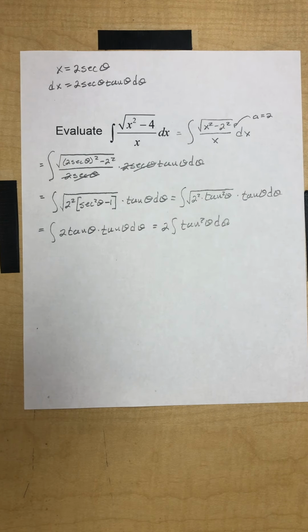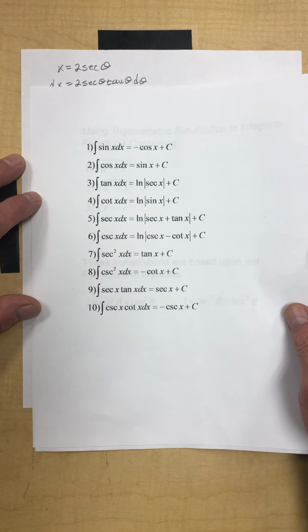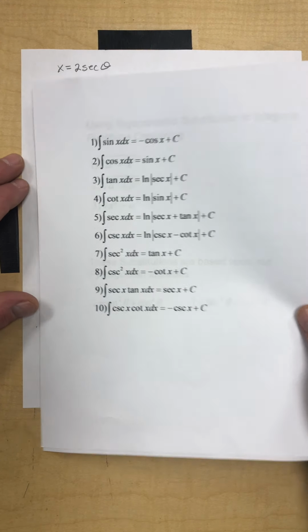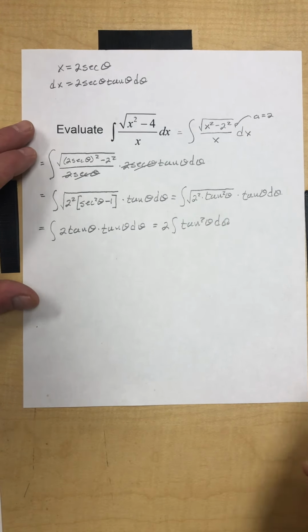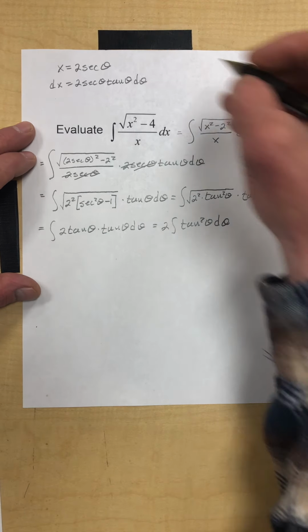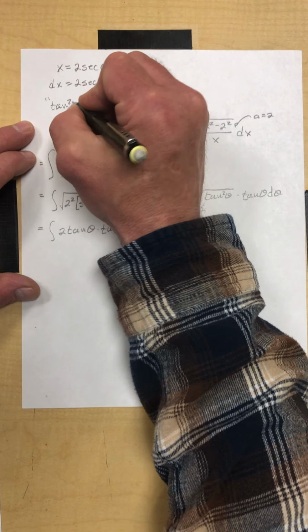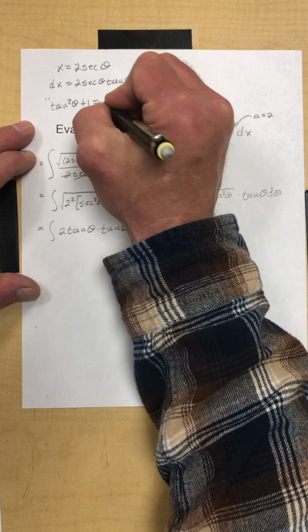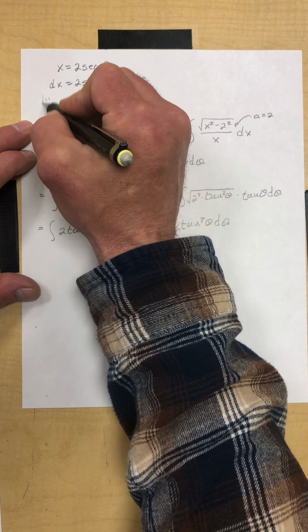So if we go to our list right here, we do not have anything for tangent squared. But I'm thinking maybe we need to use our Pythagorean identity. We know tangent squared theta plus 1 equals secant squared theta.